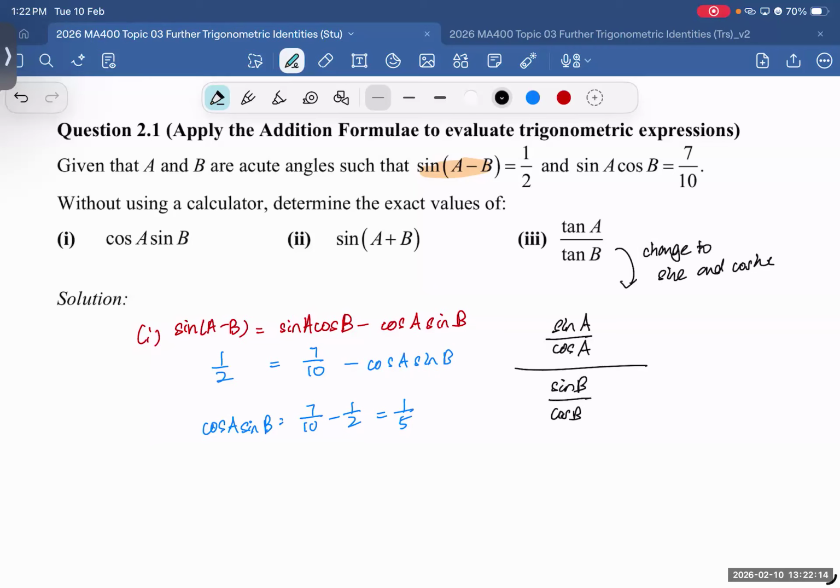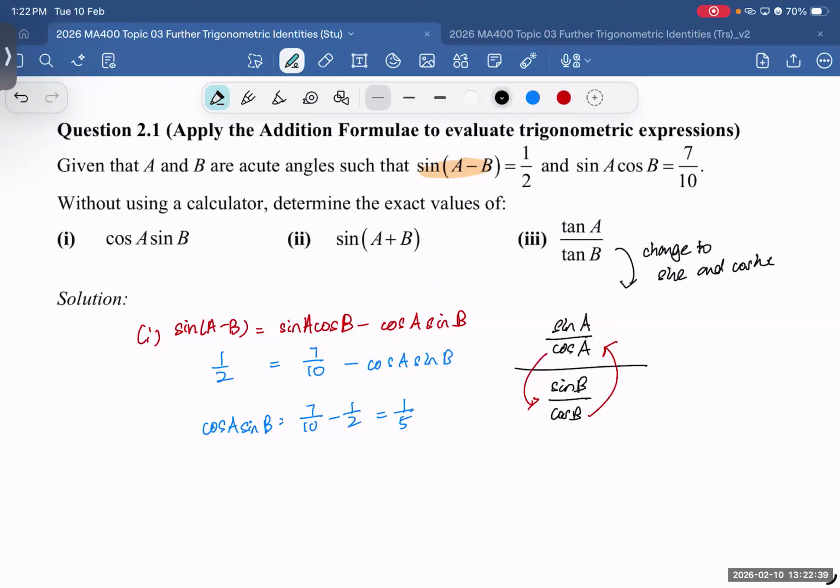Then I'm not making one fraction. Move cosine B to the top, and I'll move cosine A to the bottom.